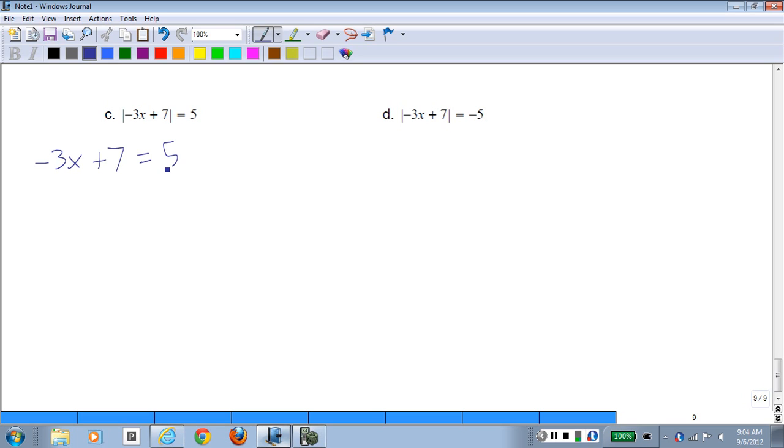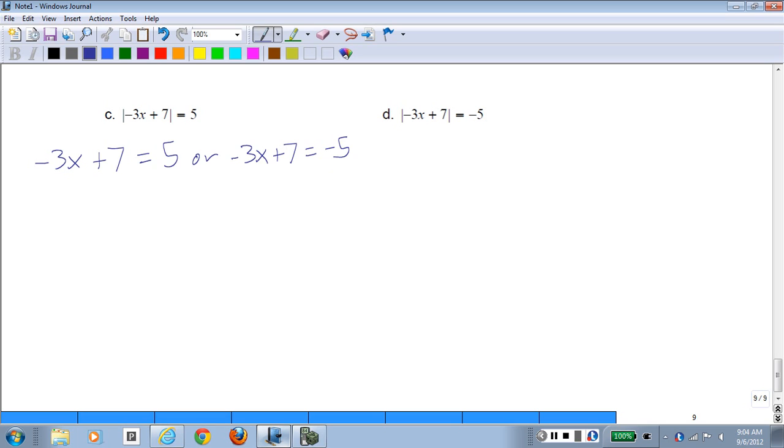That's one possibility. If we find an x that makes that happen, it will satisfy this equation because 5 has an absolute value of 5. Or, failing that, if we could find an x that we can multiply by negative 3 and add 7 and somehow get that to equal negative 5, that would also work because negative 5 also has an absolute value of 5.